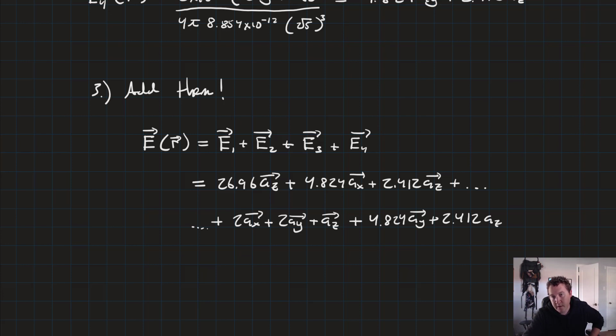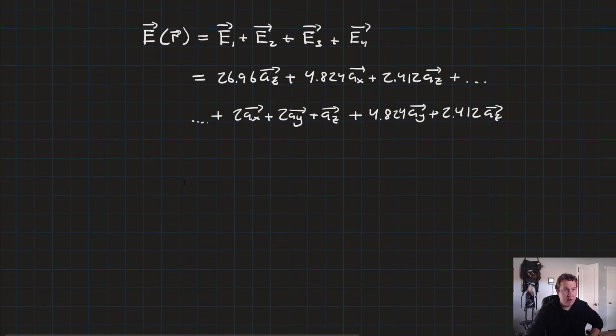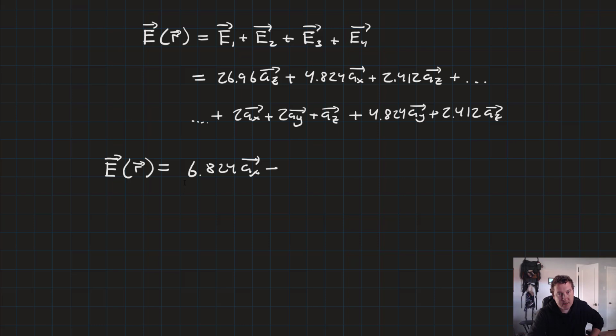And then if we combine the like terms, we will get that the vector field E at R is equal to 6.824 ax plus 6.824 ay.